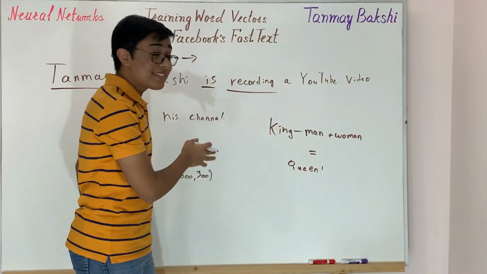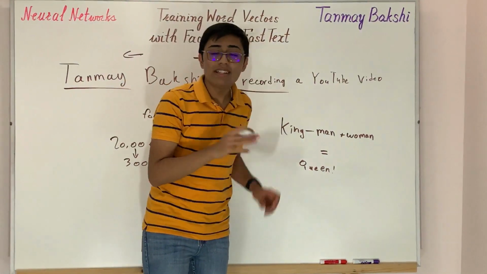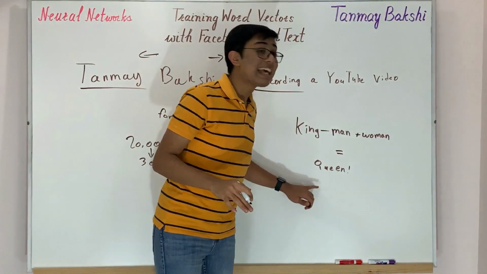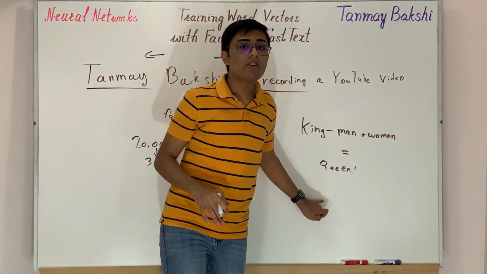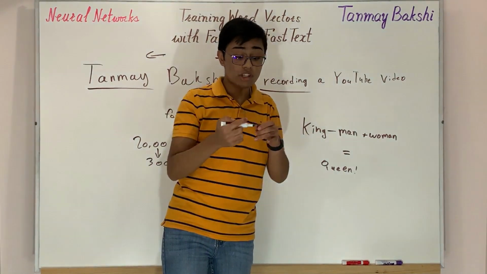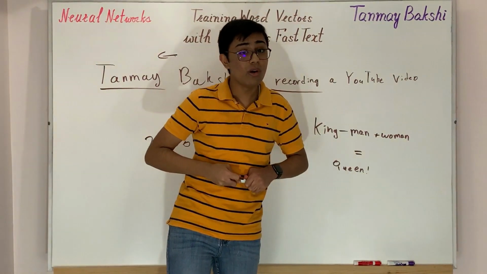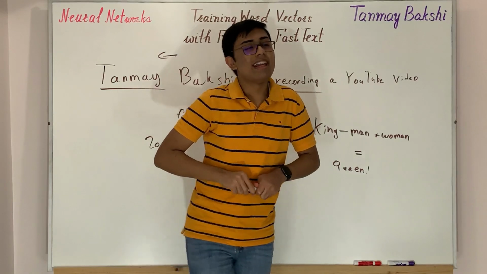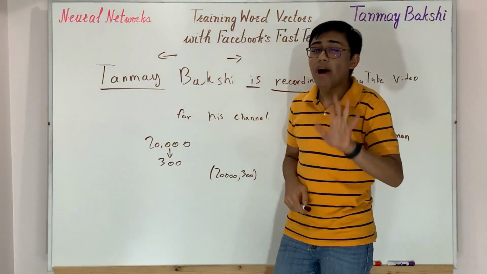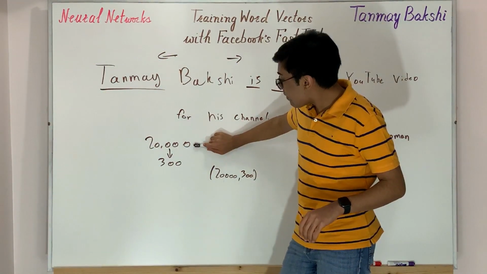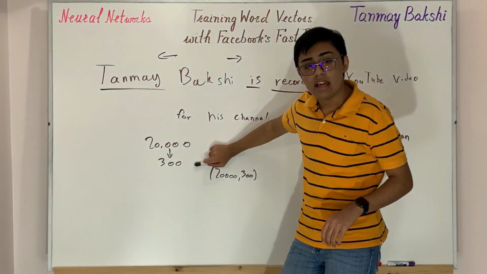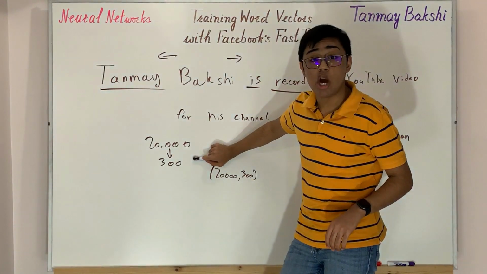But this can now be done with a computer, because you're not understanding these words syntactically, you're understanding them semantically, by understanding the contexts in which they're mentioned with other words through a neural network. Now, of course, I do know that just a little while ago, I told you that if you were to have a neural network where you have 20,000 inputs and then 300 hidden nodes, you're going to be prone to overfitting.